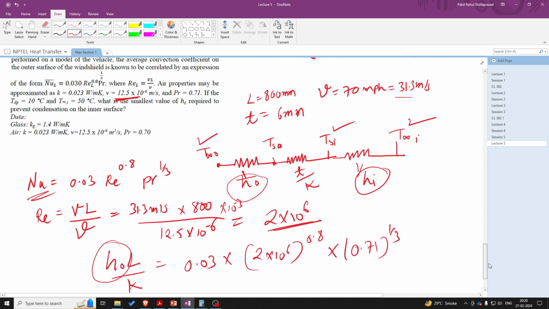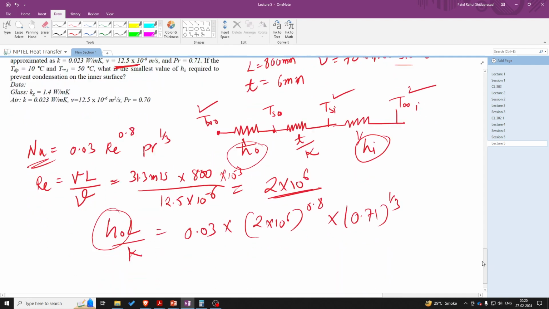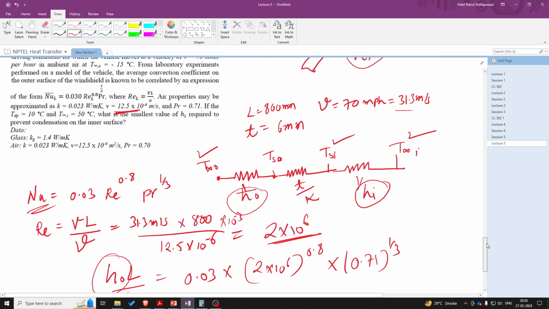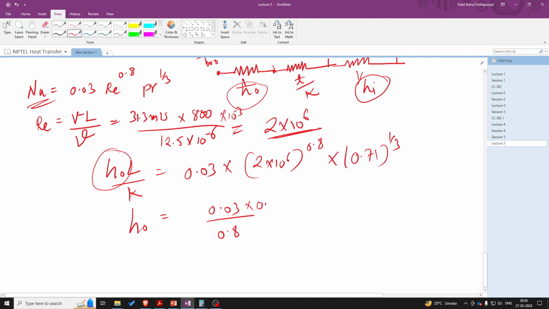And the thermal conductivity K is given as 0.023 watt per meter Kelvin. So H naught will become 0.03 upon 0.8 into K, which is, I think, 0.023, into 2 into 10 raised to 6 raised to 0.8 into 0.71 raised to 1 by 3. So you can try solving this and you will be getting the value of H naught as around 84.6 watt per meter square Kelvin.